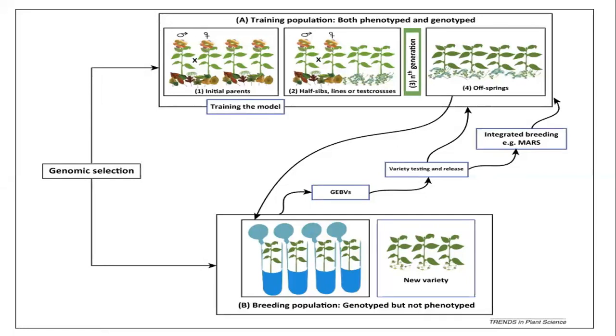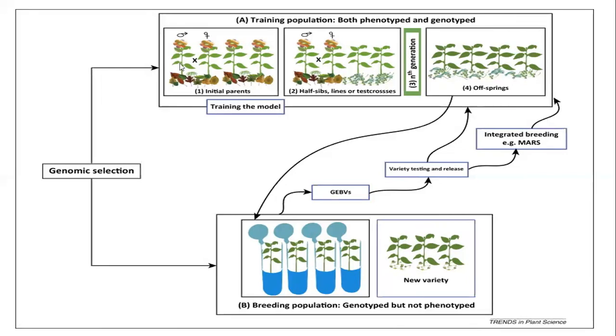And from the test cross lines, the offspring are generated after nth number of generations, and this nth population of offspring must be transferred into the breeding population. And here these plants are genotyped, but no phenotype is considered for this process.